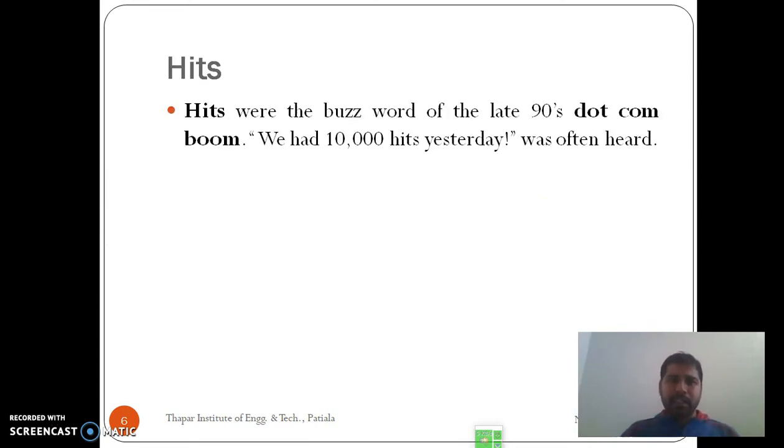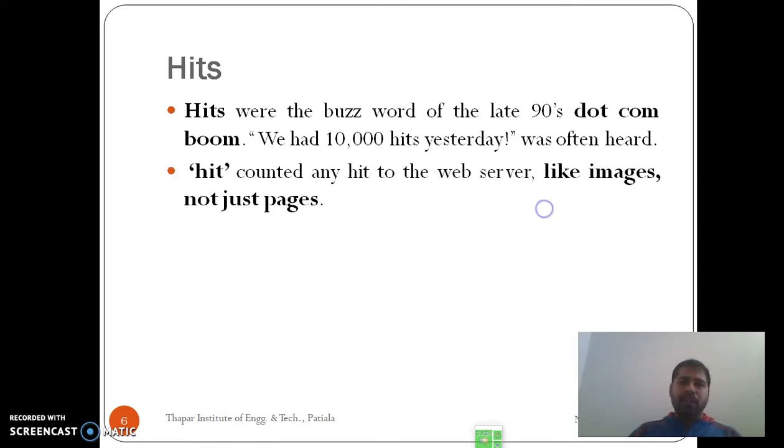First one, hits. This kind of metric was popular in the 1990s. At that time we had a boom of .com, and we would say we had 10,000 hits yesterday. What does that mean? Actually, at that time a hit counted each request to the web server, like images, not just pages.